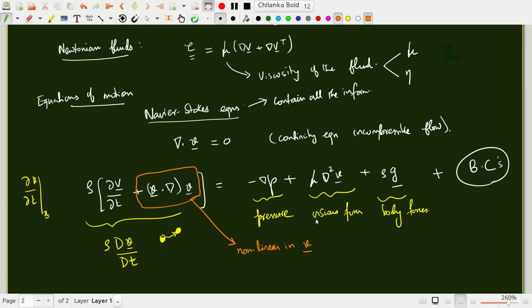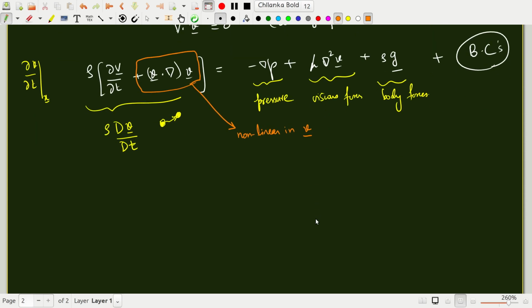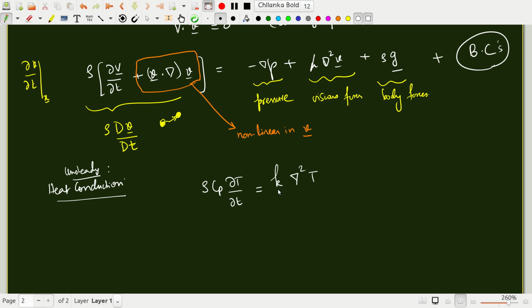Now, what is the issue with the Navier-Stokes equations? Let me compare this set of equations with the equation of unsteady heat conduction. Suppose you have rho Cp partial T by partial t equal to thermal conductivity times del squared T. This is the unsteady heat conduction equation that you would have seen in courses on heat transfer and transport phenomena.